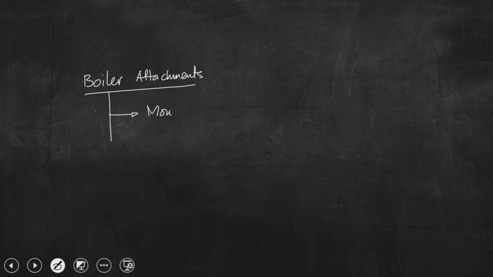So, if we try to write boiler attachment, it has sub-classifications, that is mountings, and another sub-classification is accessories.